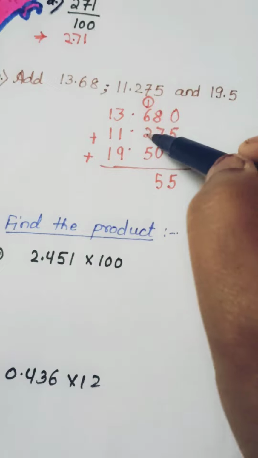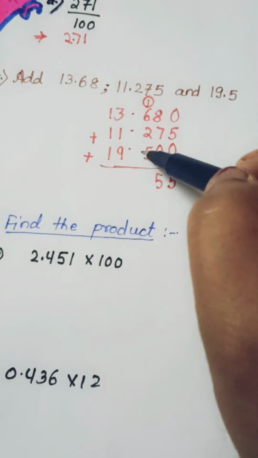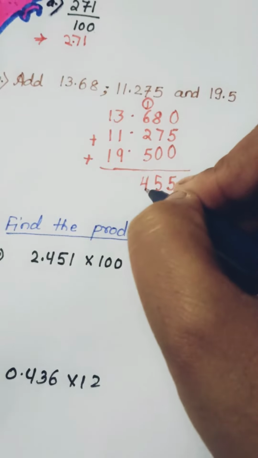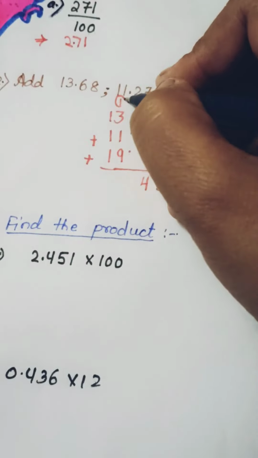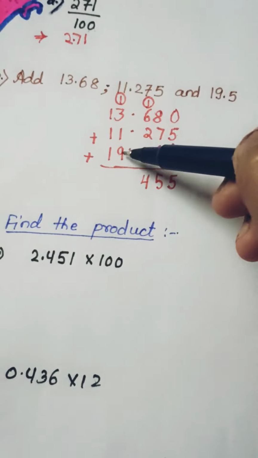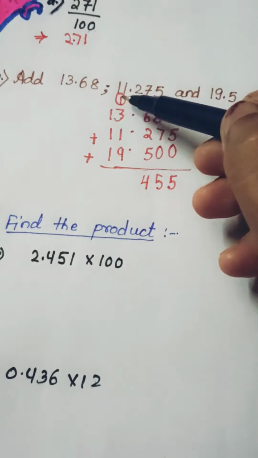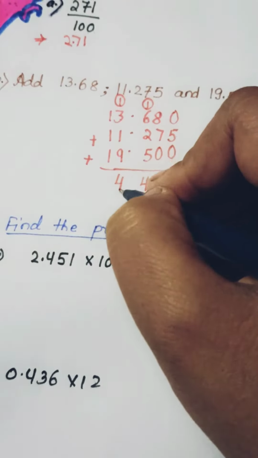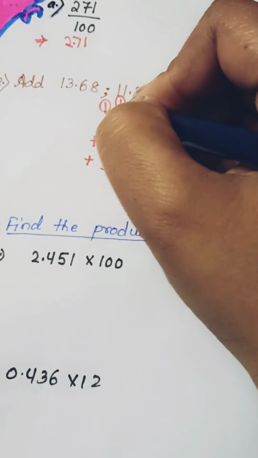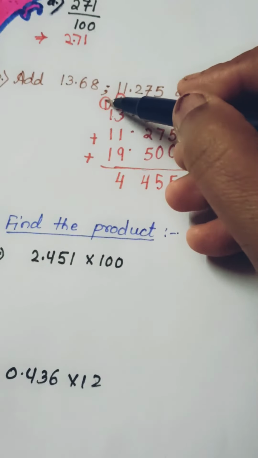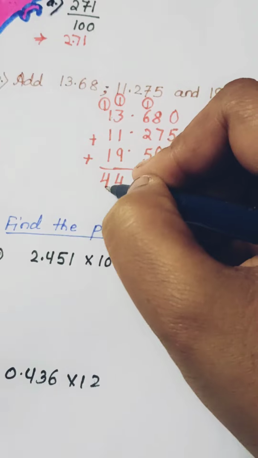Sorry. 6 plus 2, 8. Plus 1, 9. Plus 5, 14. 4 over here and 1 in carry again. Now see, 9 plus 1, 10. 10 plus 3, 13. Plus 1, 14. 1 is again in carry. 1 plus 1 plus 1 plus 1 will give us 4.